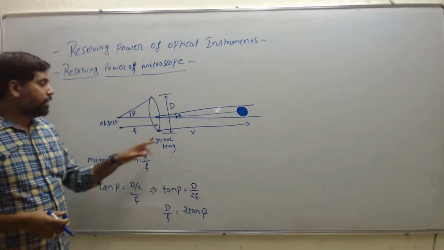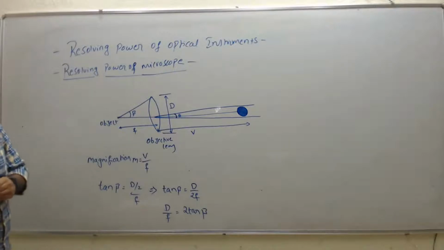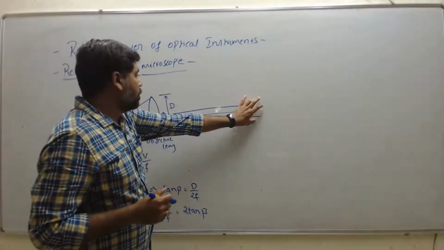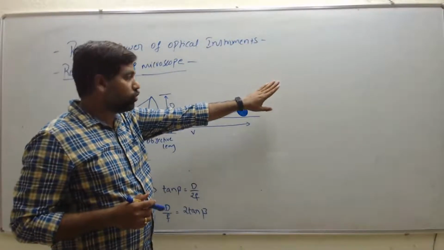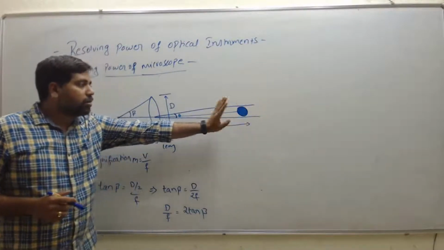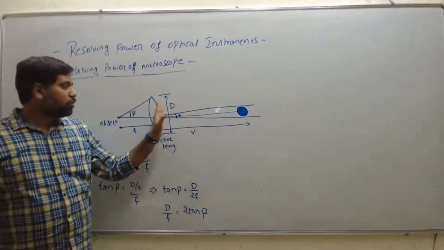So for that we write theta is equal to, as we wrote earlier, R naught is approximately equal to 1.22 lambda f divided by 2a.